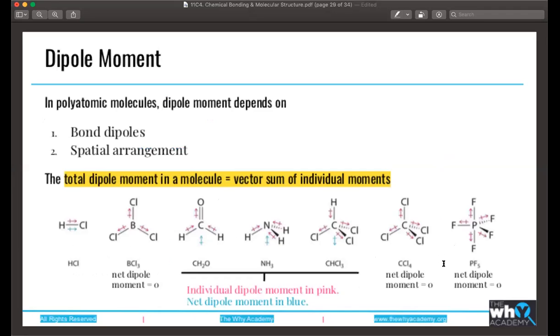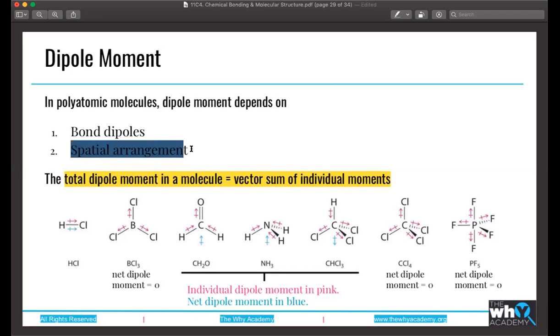Okay. All right. So in polyatomic molecules, the dipole moment depends on, one, bond dipoles, which is basically the polarity of each individual bond. And second, it also depends on the spatial arrangement, because the spatial arrangement will decide the total dipole moment in a molecule.